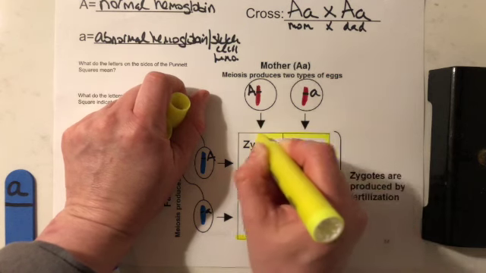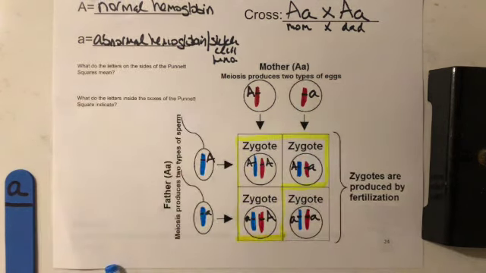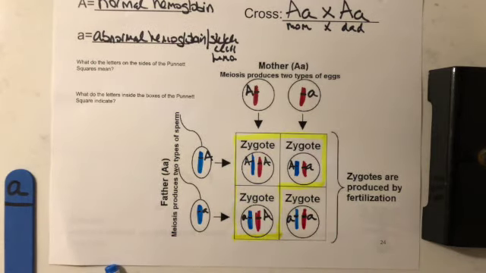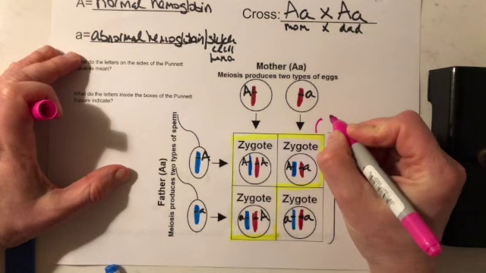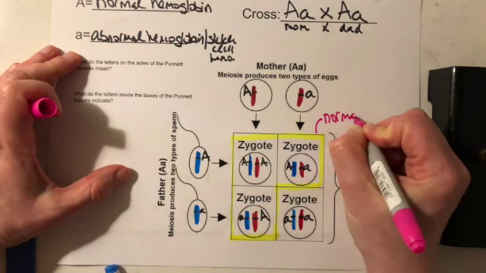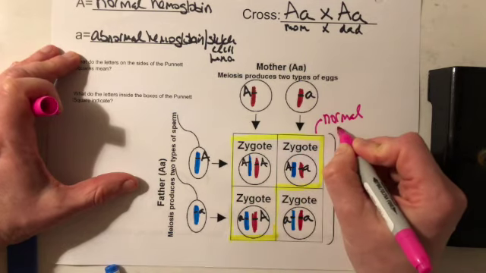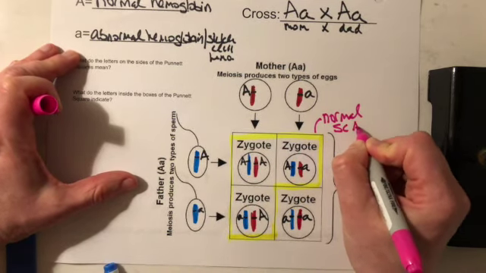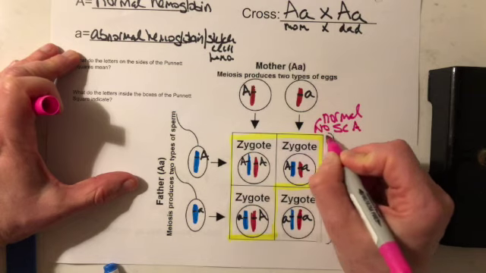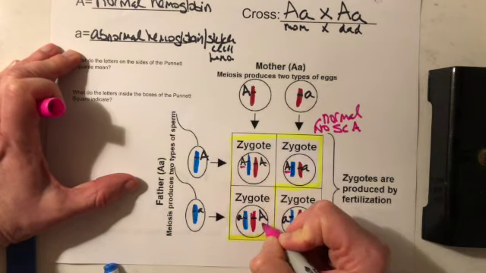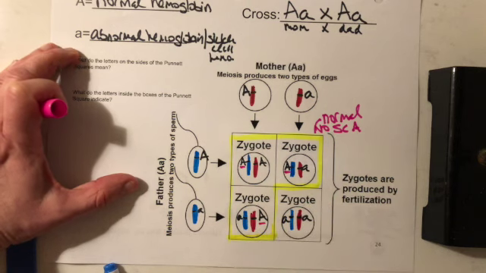These organisms, these fertilization events, what's their phenotype going to be? All of these are going to be normal, meaning the children do not have sickle cell anemia, because they have at least one dominant allele.